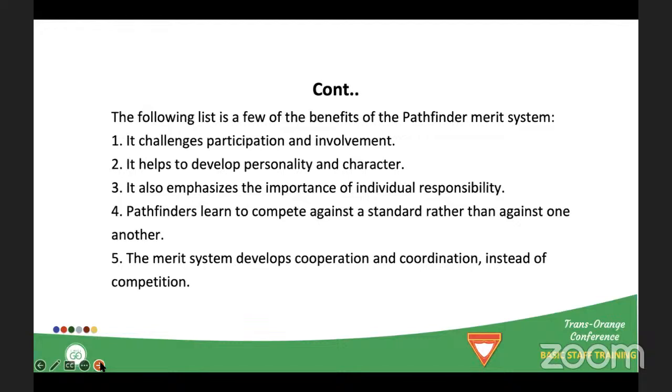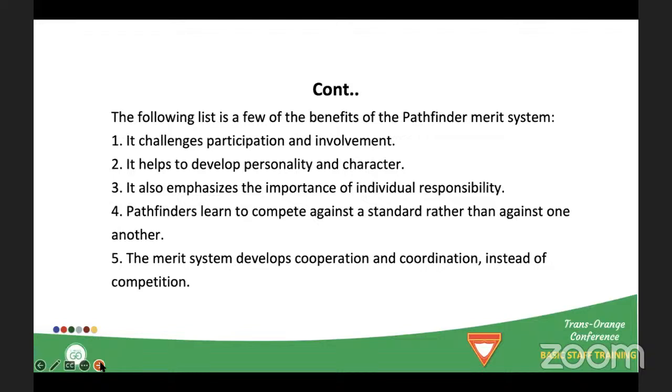The following list is a few of the benefits of the Pathfinder merit system. It challenges participation and involvement. It helps to develop personality and character. It also emphasizes the importance of individual responsibility. Pathfinders learn to compete against a standard rather than against one another. The merit system develops cooperation and coordination instead of competition.